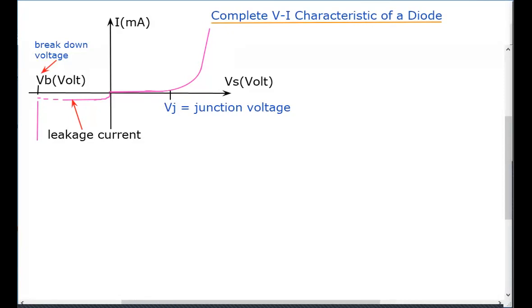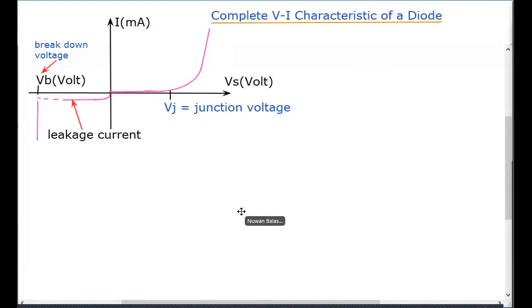Who wants more time to draw this graph? Right, I think time is enough. I'll erase everything and go to the next theory part.